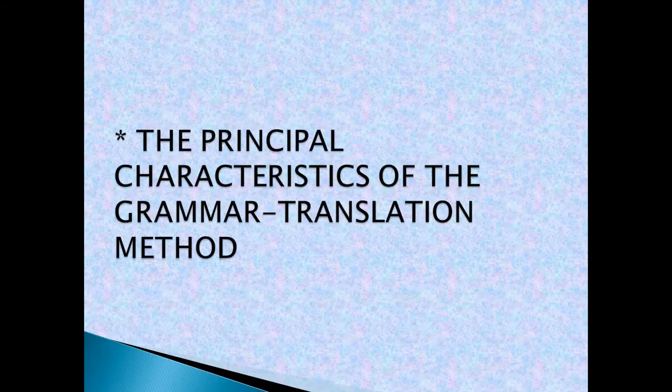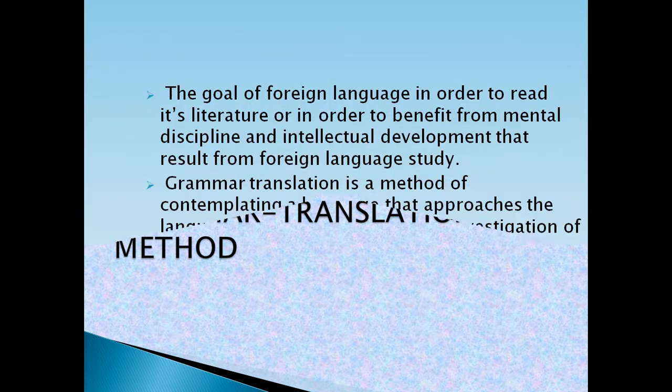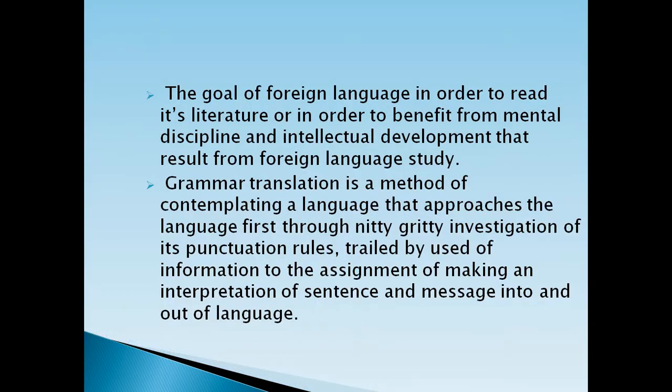Here we go. Let us know what the principal characteristics of the grammar translation method are. The goal of foreign language study is to read its literature or to benefit from the mental discipline and intellectual development that result from foreign language study.